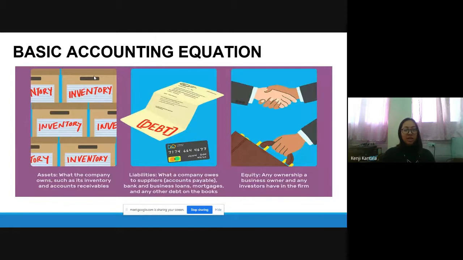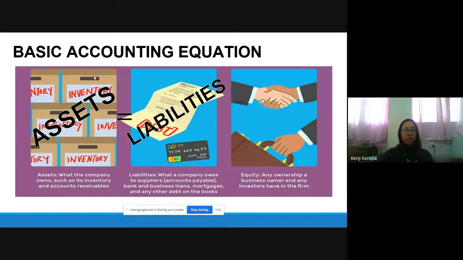So with these three major elements, we have now our basic accounting equation, which is assets is equal to liabilities plus equity. So assets, these are what the company owns. So this involves your inventories and accounts receivable. Whereas yung liabilities natin, these are what the company owes to its suppliers.